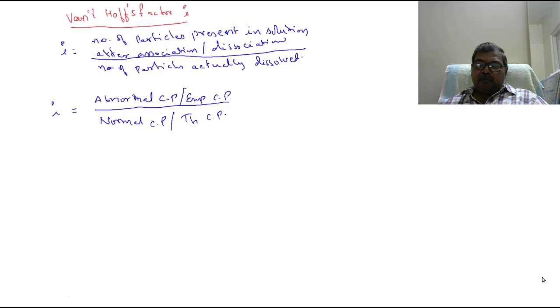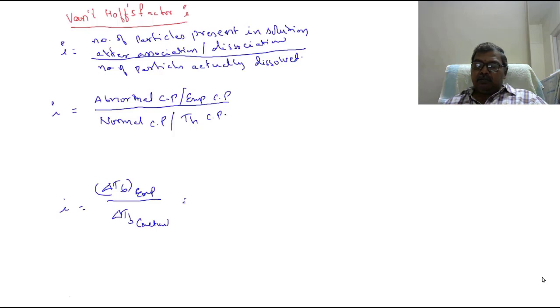Because in the case of NaCl, we got abnormal colligative property, 2 Kb. Delta Tb experimentally determined, delta Tb actual, theoretical.